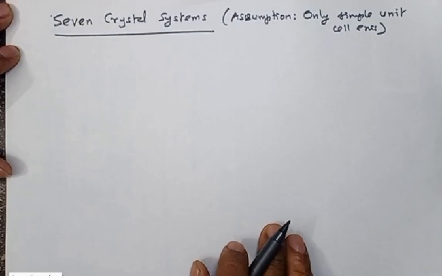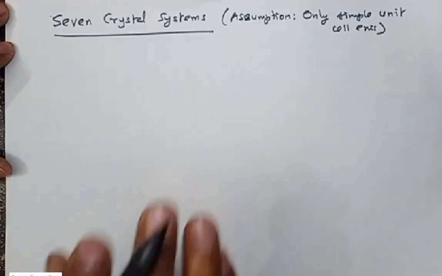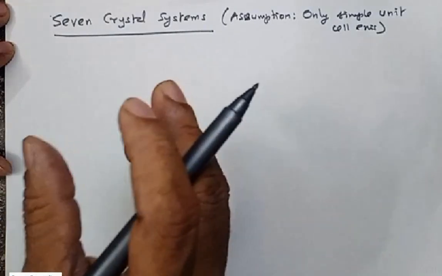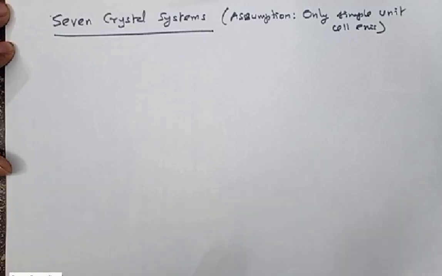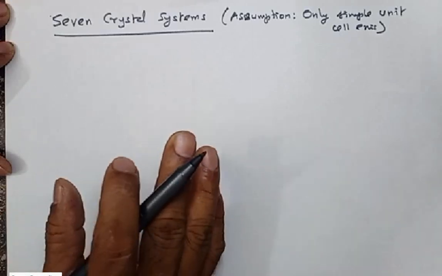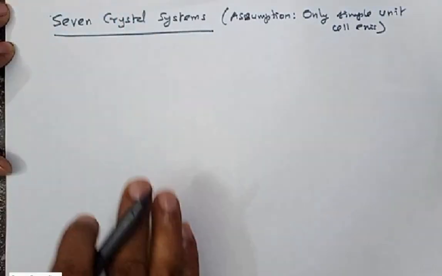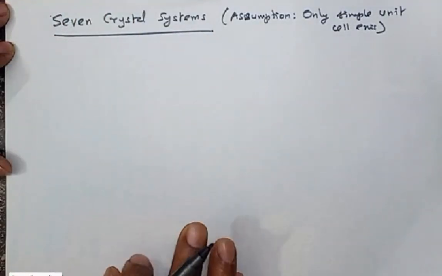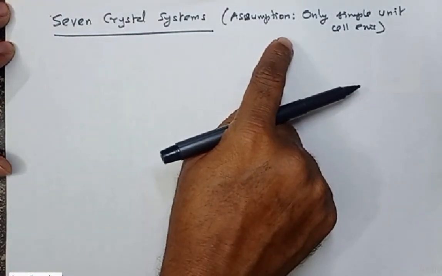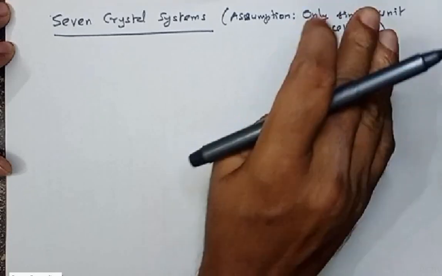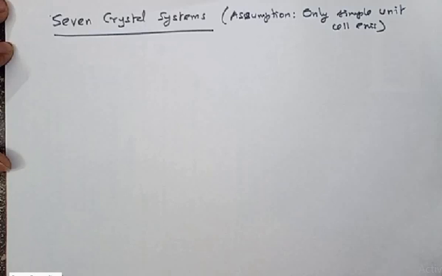Based on this assumption, people have found 7 crystal systems in nature. Actually, 720 possibilities are there, but out of 720, only 7 exist in nature. Crystallographers found only 7, right? And remember, in these 7, the assumption is very important. They have assumed that only simple unit cells exist. Now, what are the 7 different types of crystal systems? Let me write here.